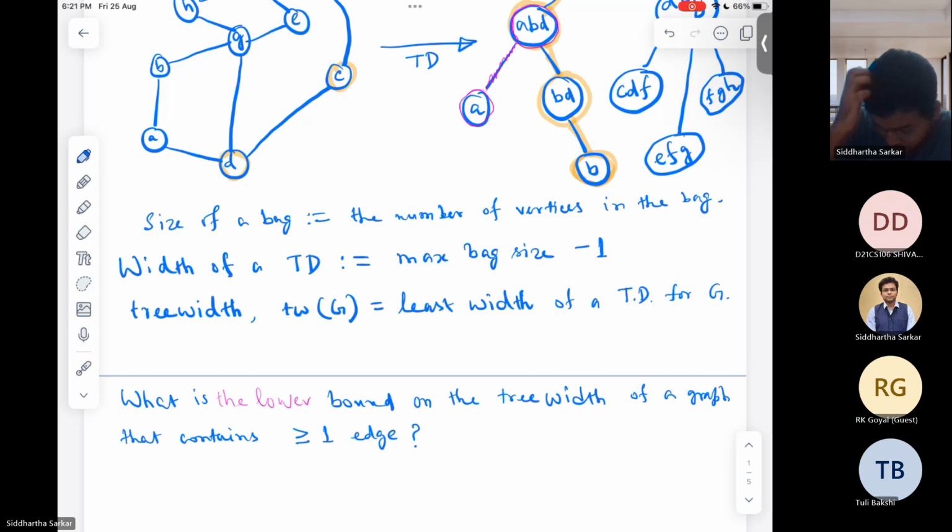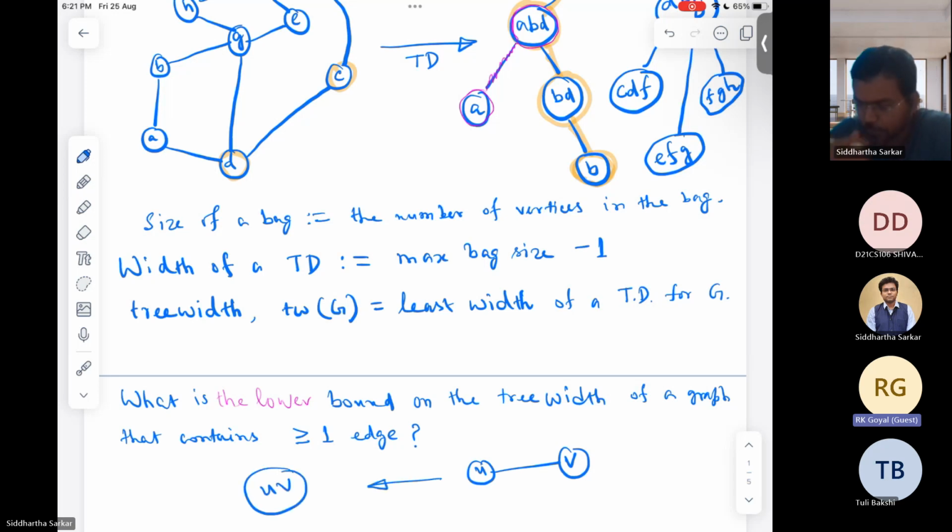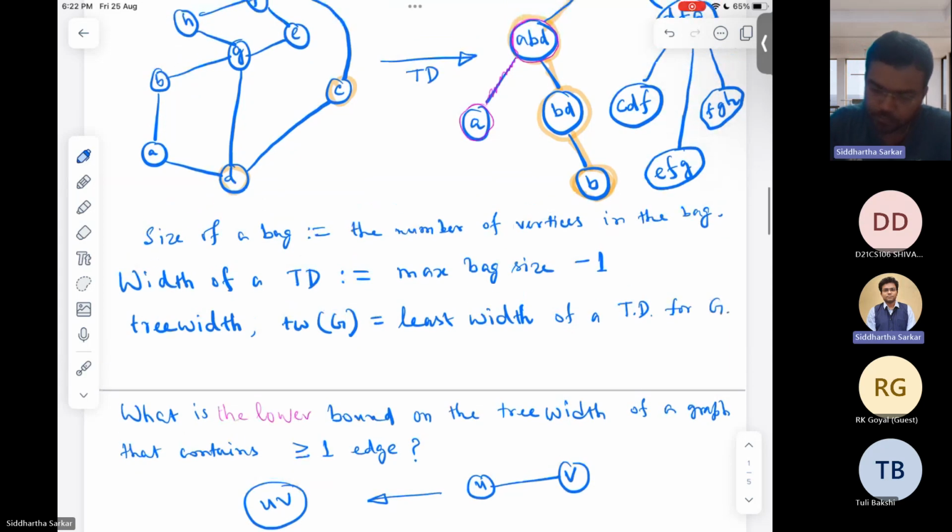1. Yes. Can you explain why? Because if the graph has one edge, then we require at least one bag containing two elements. So the bag size will be 2, and therefore the tree width would be 2 minus 1, which is 1. Yes, at least 1. Correct.